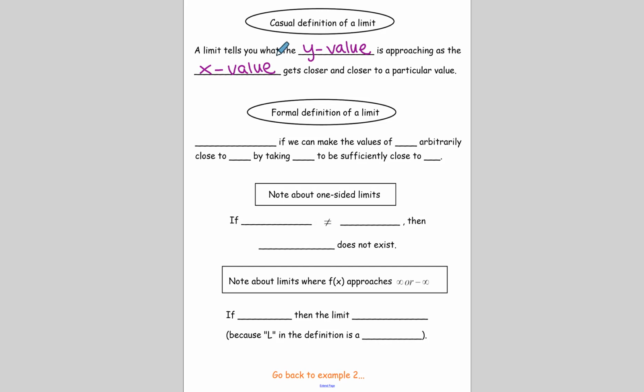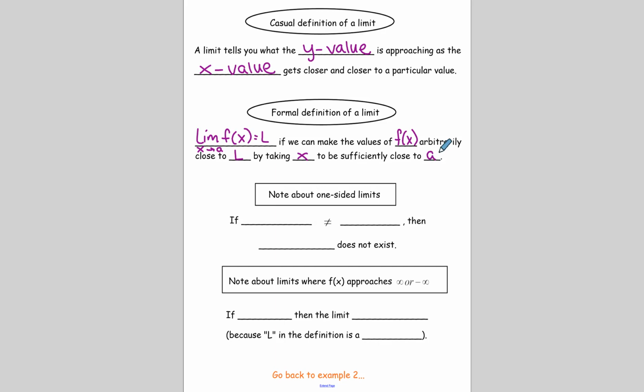The formal definition of a limit. The limit of f of x as x approaches a is equal to L if we can make the values of f of x arbitrarily close to L by taking x to be sufficiently close to a.